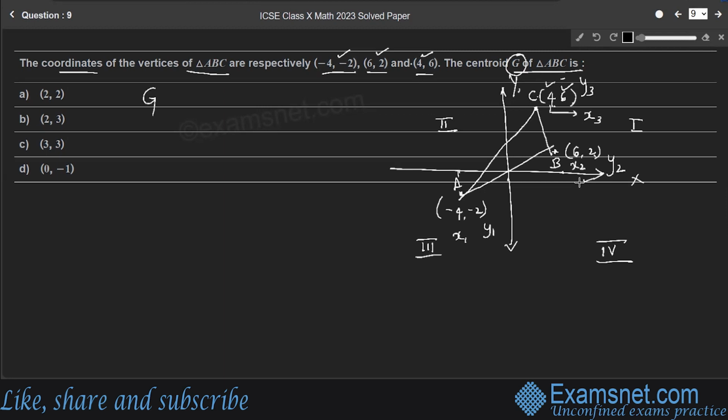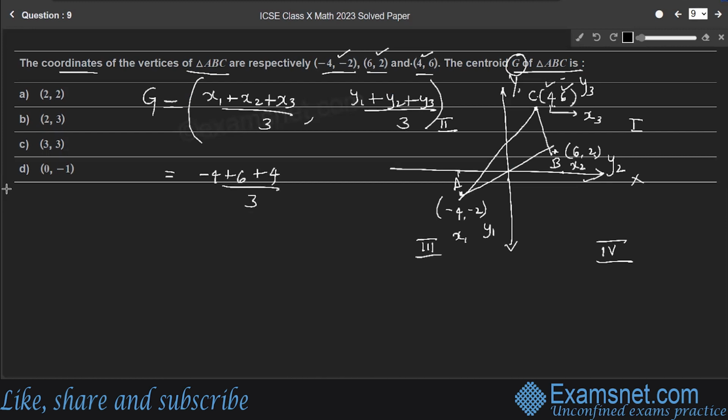Then the centroid G of a triangle is given by (x1 plus x2 plus x3) divided by 3 for the x coordinate, and (y1 plus y2 plus y3) divided by 3 for the y coordinate. So x is (-4 plus 6 plus 4) divided by 3, whereas y is (-2 plus 2 plus 6) divided by 3.